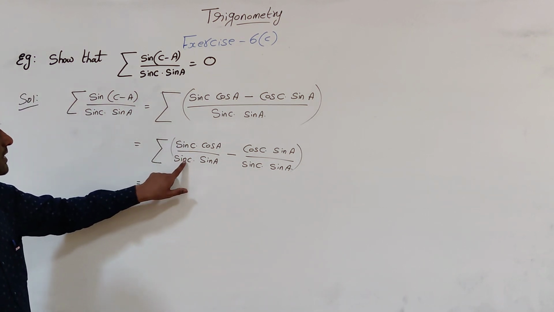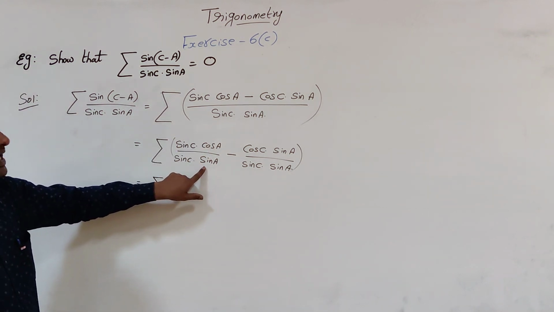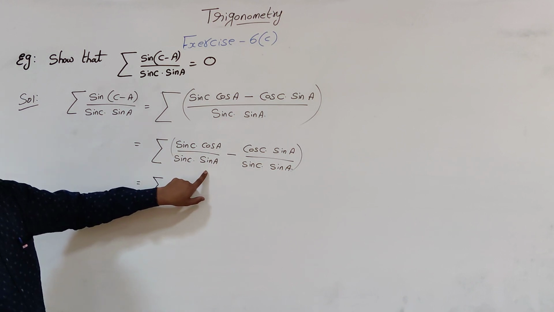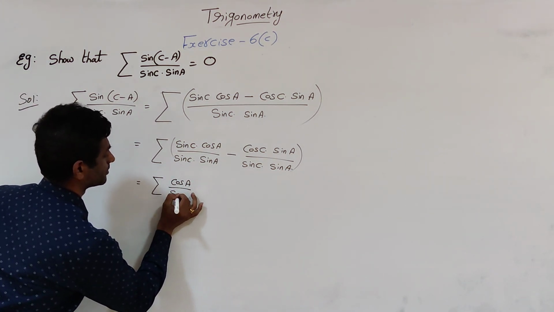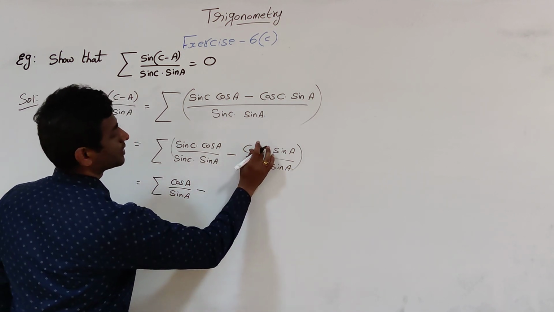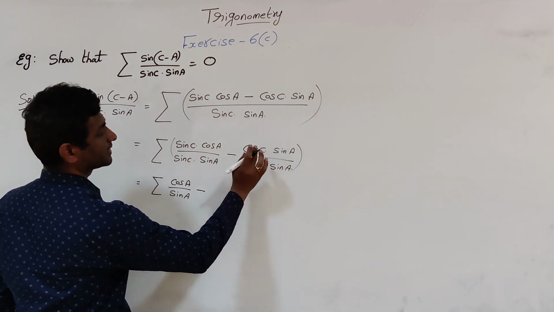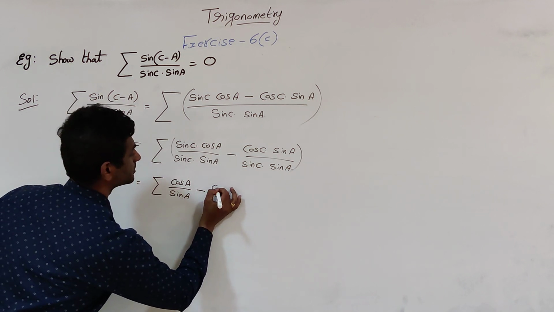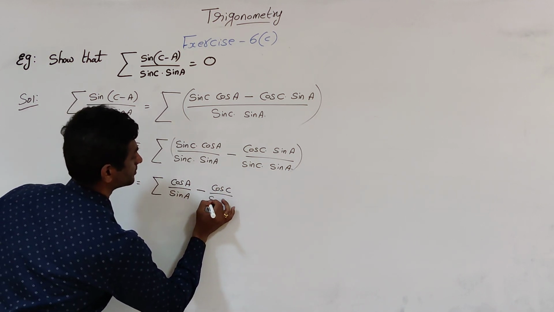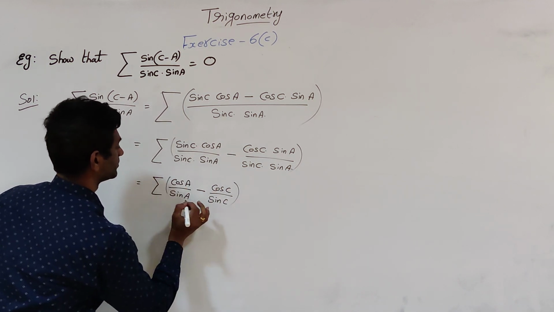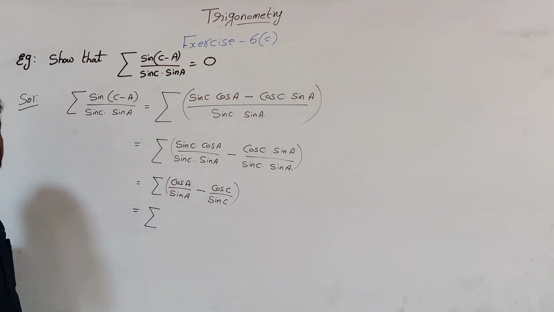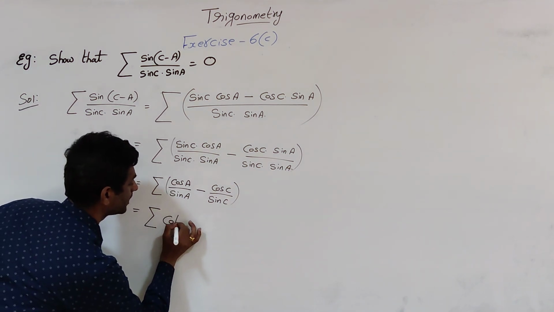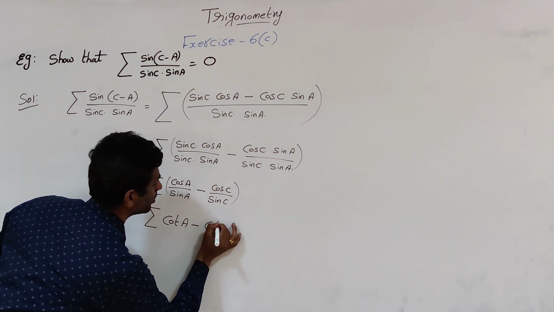Sin c gets cancelled: cos a by sin a, minus cos c, sin a gets cancelled: cos c by sin c. So that will be summation. What is cos a by sin a? Cos a by sin a gives cot a minus cot c.